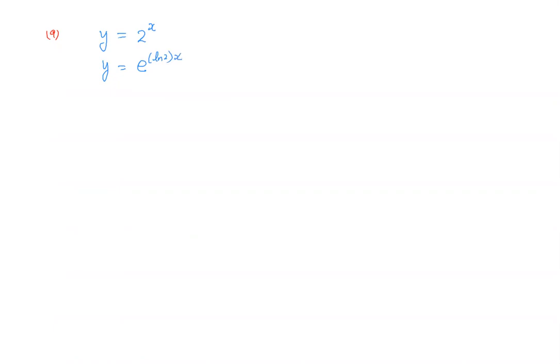So you should know how to differentiate exponential, am I right? So it will be copy down the whole thing, times by the derivative of the power, which is ln 2. So you look at here.